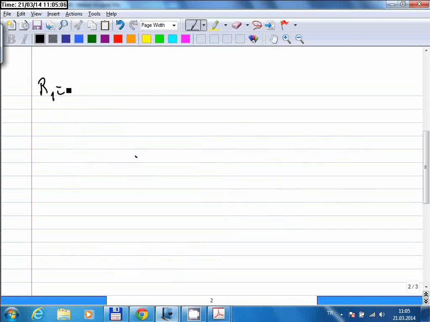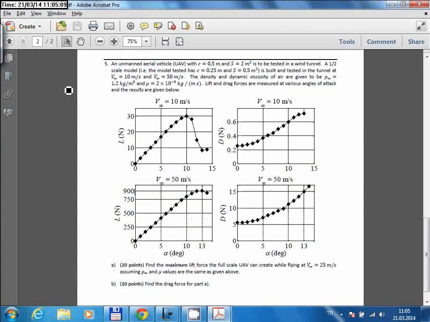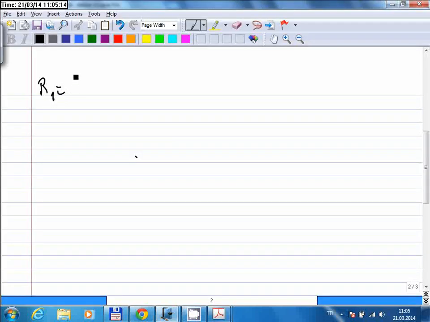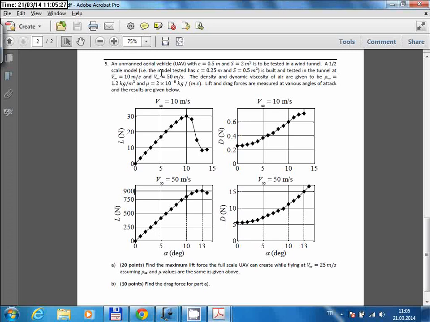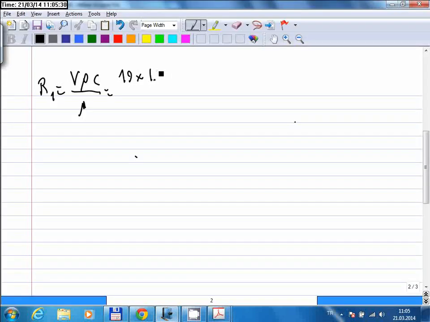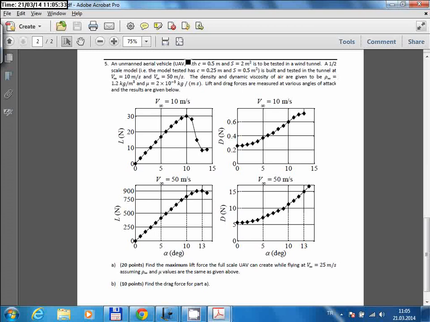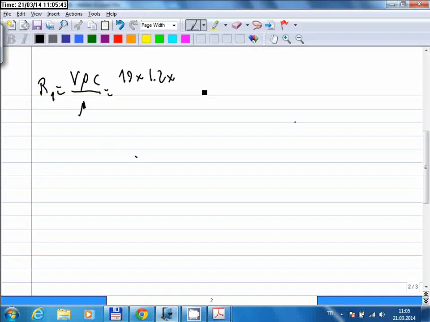So let me call the first one Reynolds 1. Okay, so I need your help here. Can you tell me the formula for this? So we have the speed, right, and then rho, and some distance, let me call c bar, over mu, right? I think this is the formula. So for the first one, it's 10, rho is 1.2. The model tested in the wind tunnel has 0.25 chord length.